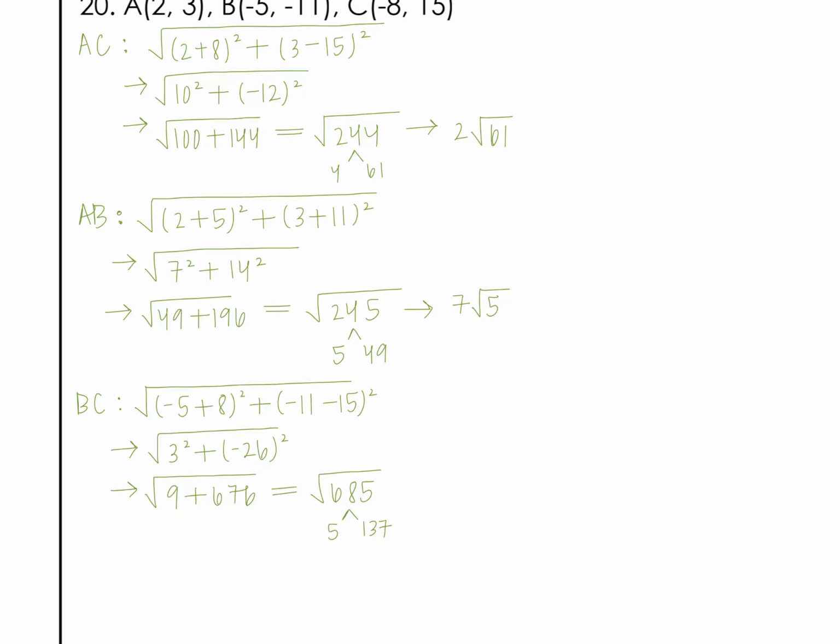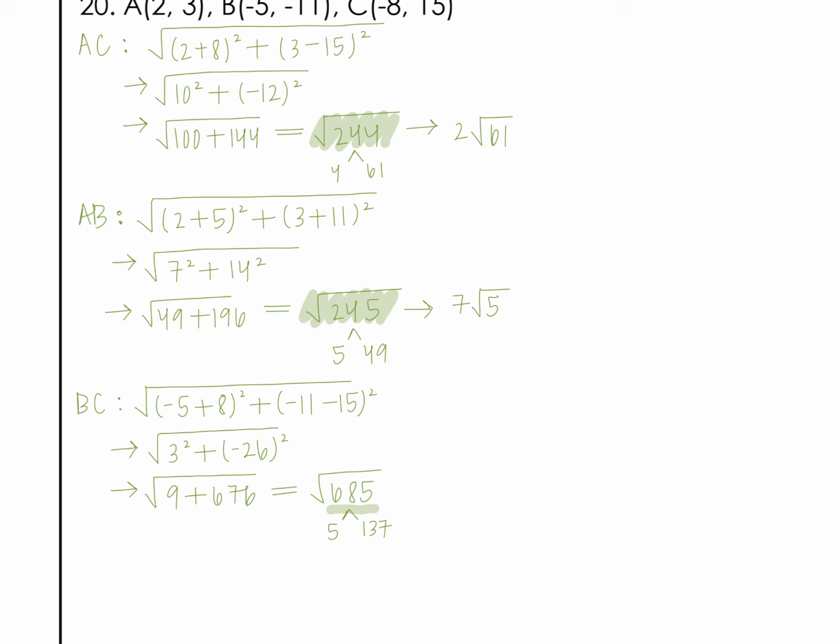All right, now that I have found my 3 side lengths, what I can determine without a calculator is that this side here and this side here are my 2 smaller sides, because if I look at the number underneath the radical, those are the 2 smaller ones.